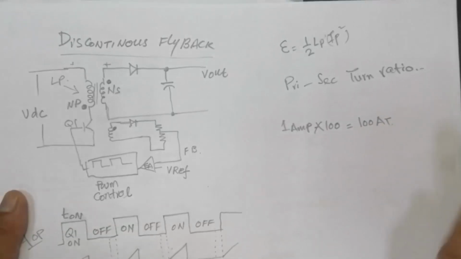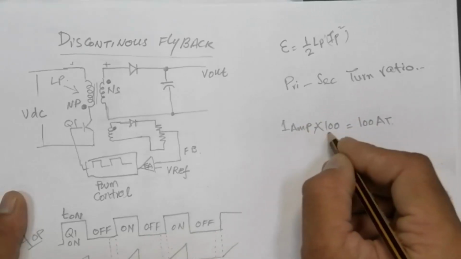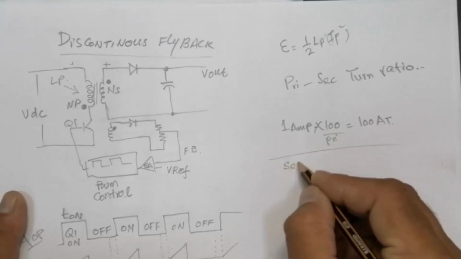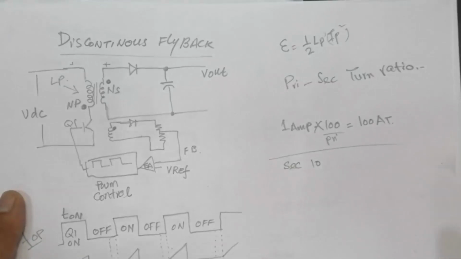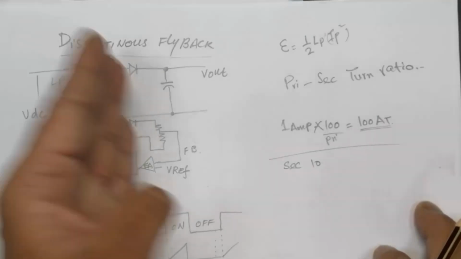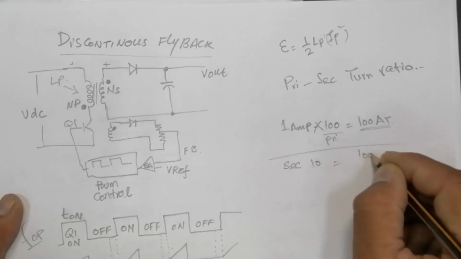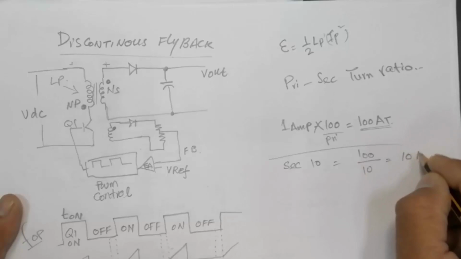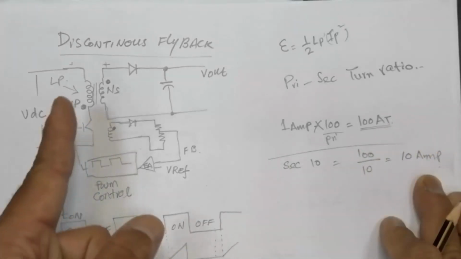Now come to the secondary. If we have 10 turns in the secondary, and 100 ampere turns is to be transferred, then 100 divided by 10 gives 10 amperes in the secondary.